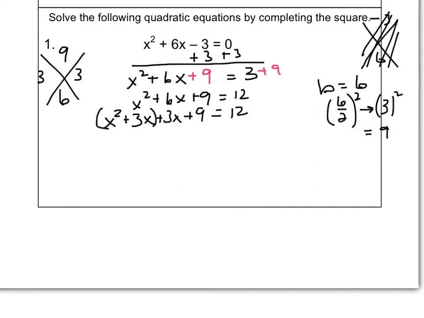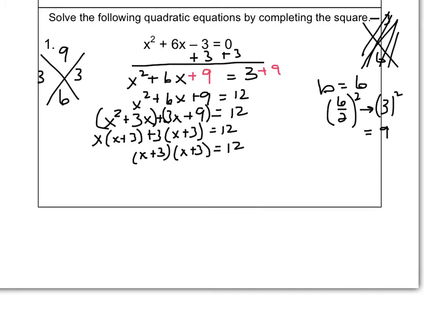Parentheses around the first two and the last two. Take out an x, I'm left with an x plus 3. Take out a 3, I'm left with an x plus 3. So I have an x plus 3 in common, an x plus 3 left over, and it's going to equal 12.